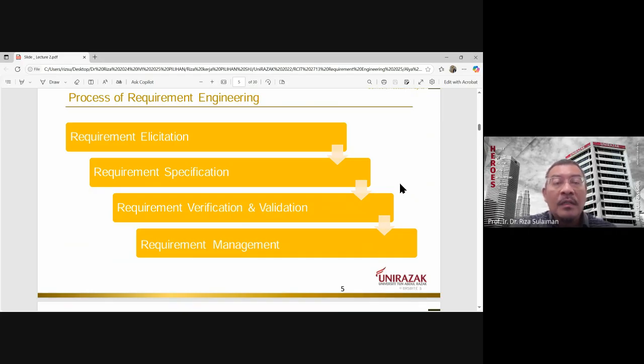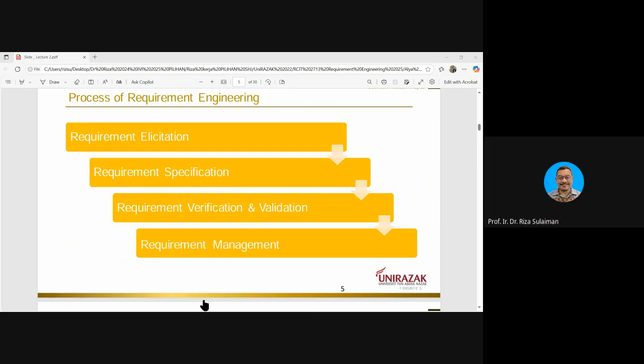We learned the difference between requirement and specification last time, right? Next, we will look at requirement verification and validation. And of course, in order to complete the process, you need to manage it properly, so we will look at requirement management as well.